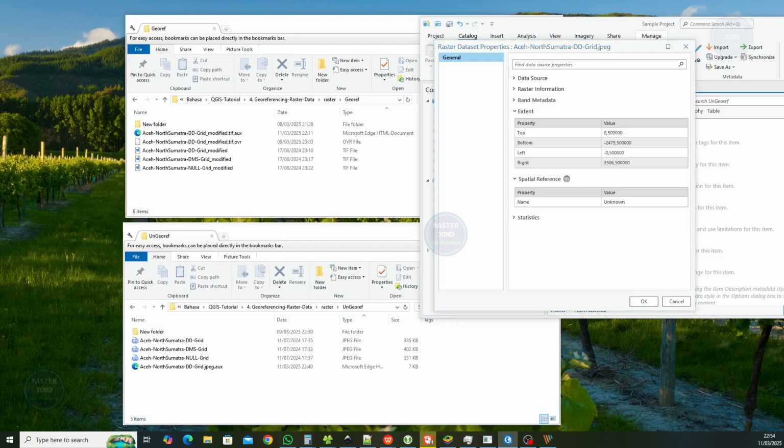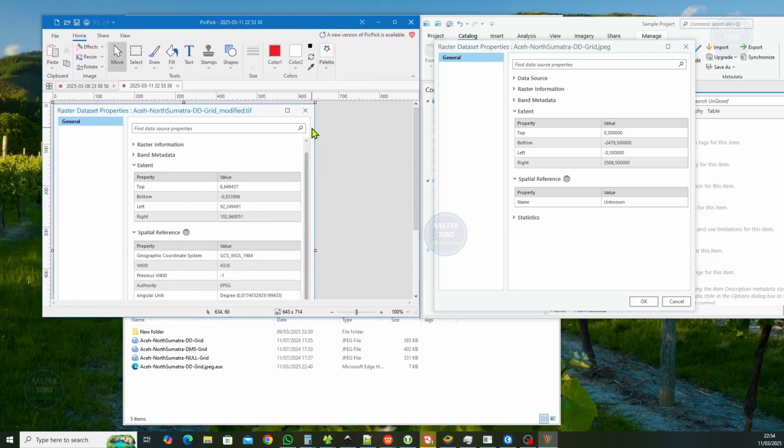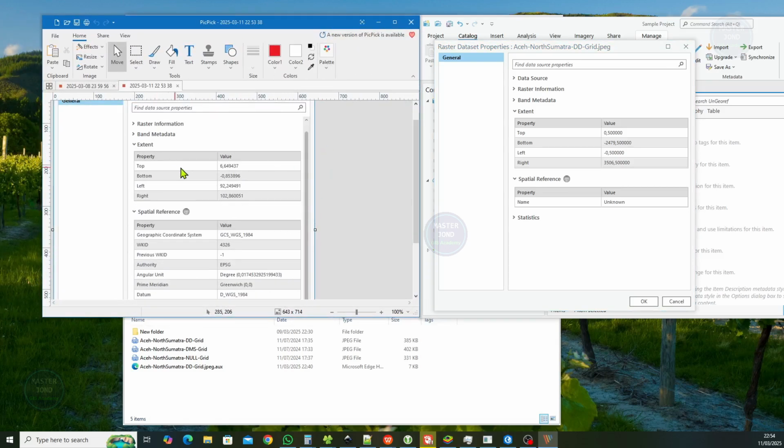Okay, now let's compare it side by side. Here, the top, bottom, left and right are all in decimal degrees: 6.6, minus 0.8, 92.2, 102.8. They are in Indonesia.